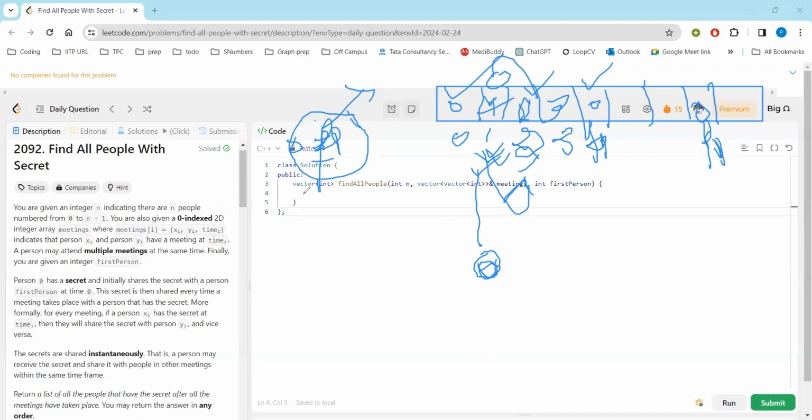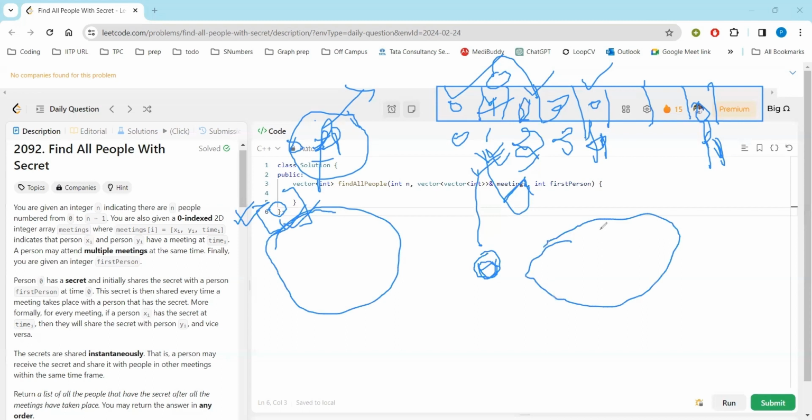So in this way, we will cluster the persons who know the secret, and the ultimate parent of all those in the cluster will be 0. Or we can say the ultimate source of secret for all those persons in the cluster will be 0. And for the remaining persons, the source of secret will stay the same. Like for A, it will be A. That means A still doesn't know the secret.